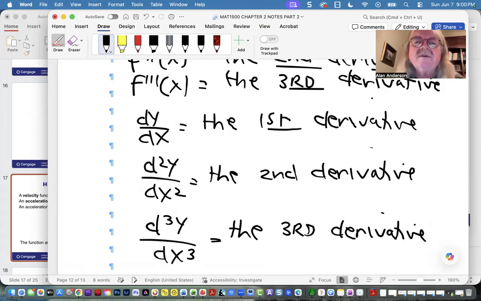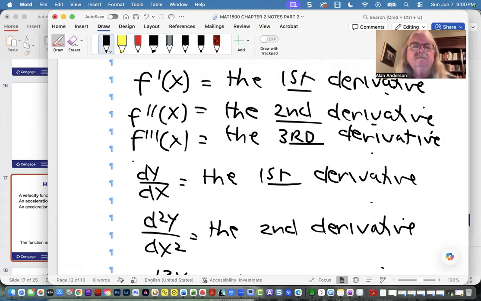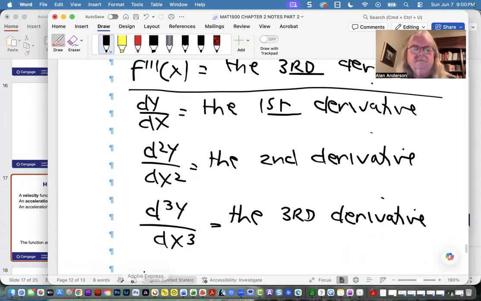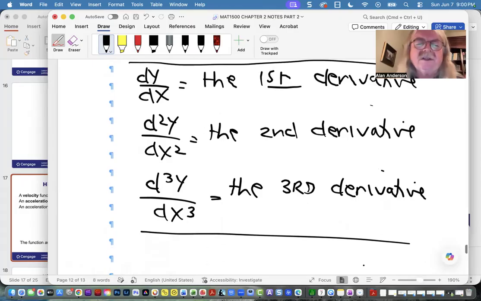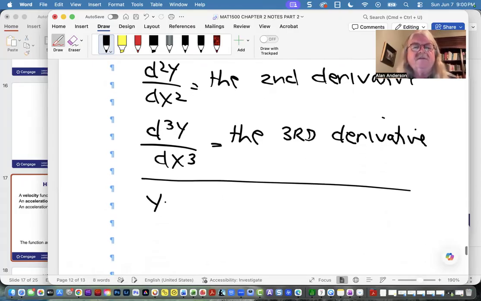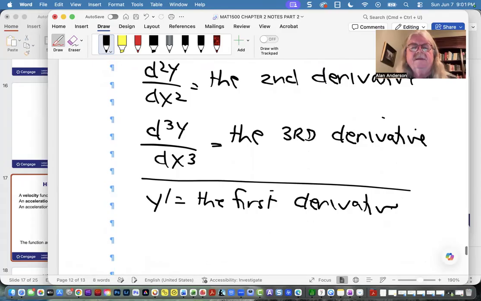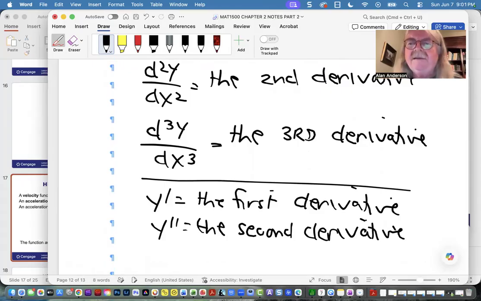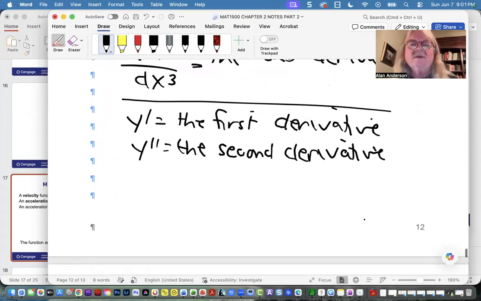And then with the prime notation, it works very simply. We have y prime is the first derivative. Y double prime, of course, is the second derivative. And that means, of course, y triple prime is the third derivative.